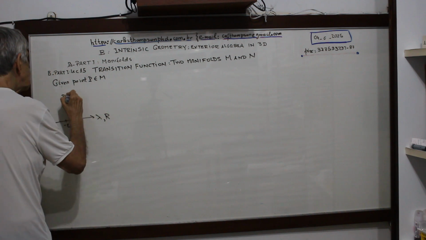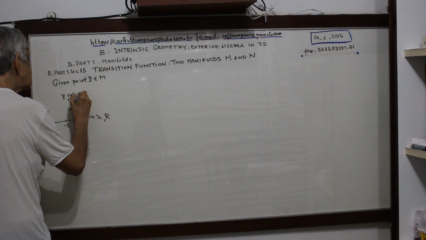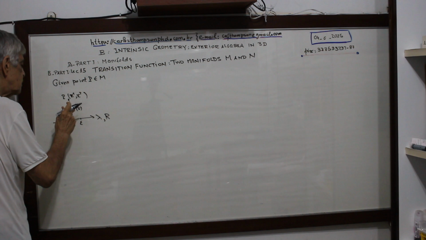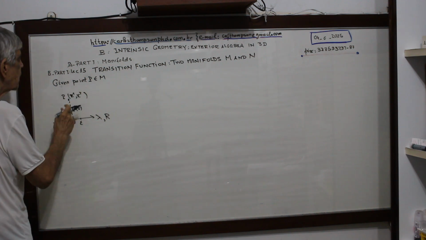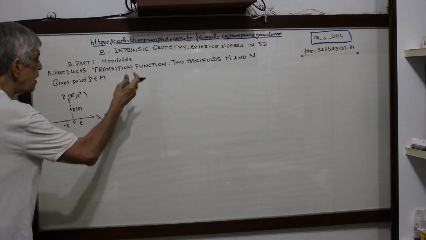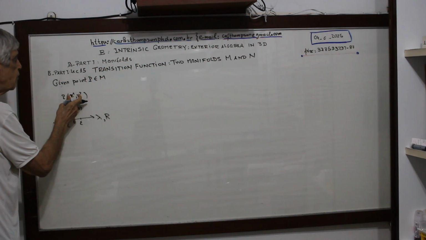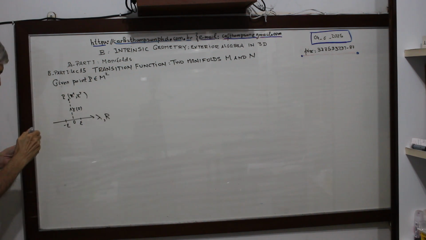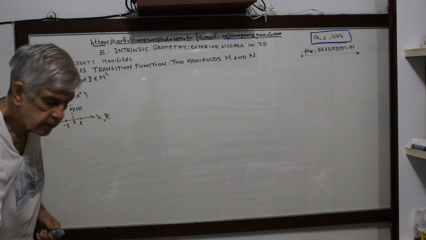I'll call this point x1, x2. So I have a gamma of lambda, which in this case I'll apply to the manifold M2, just as an example. You see?